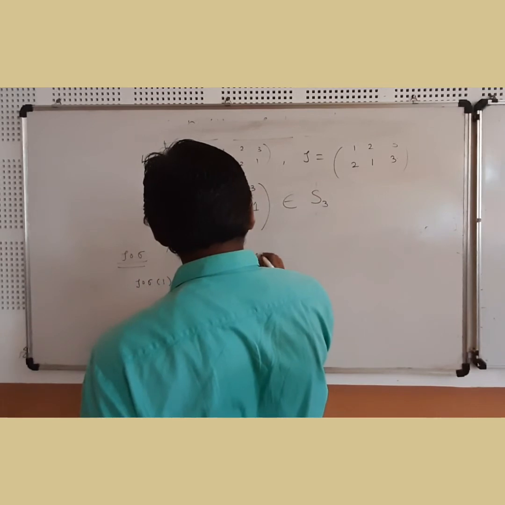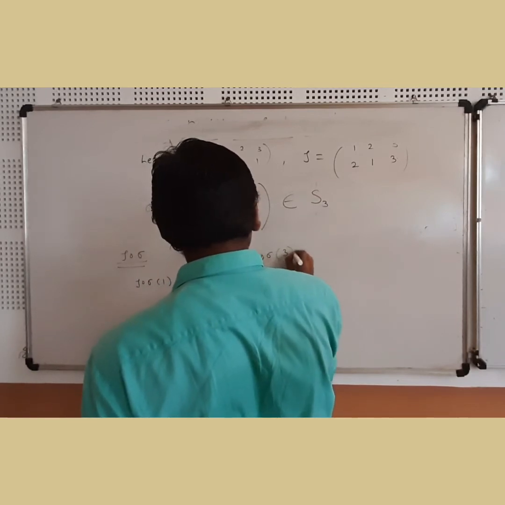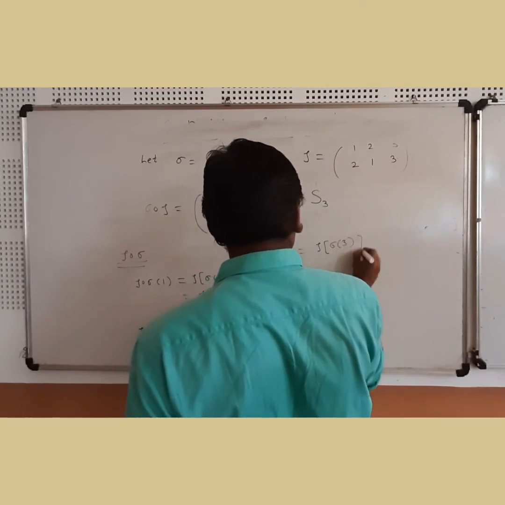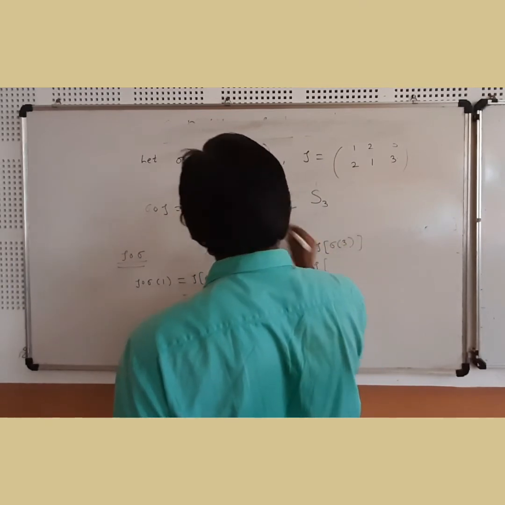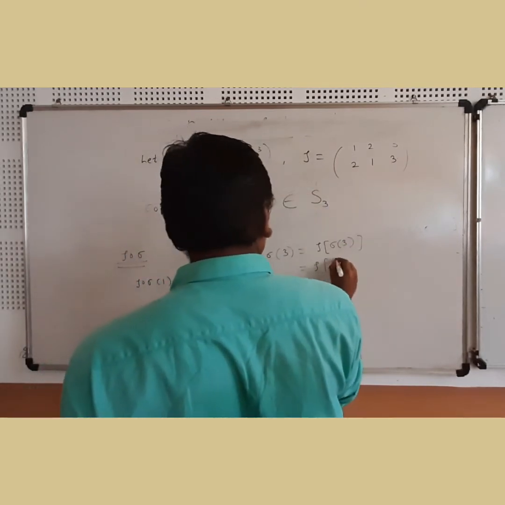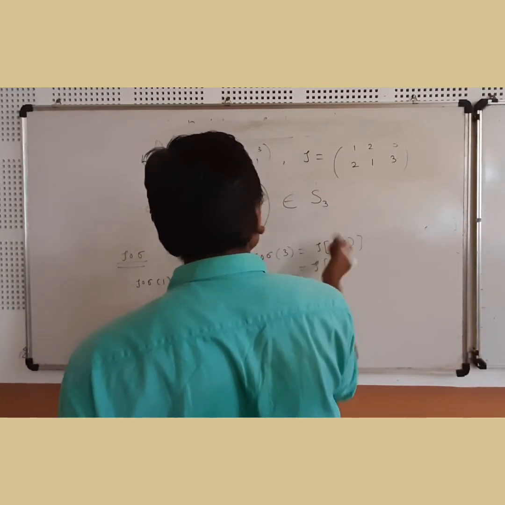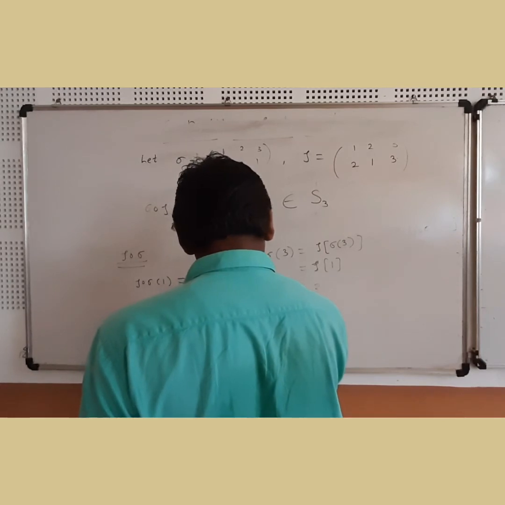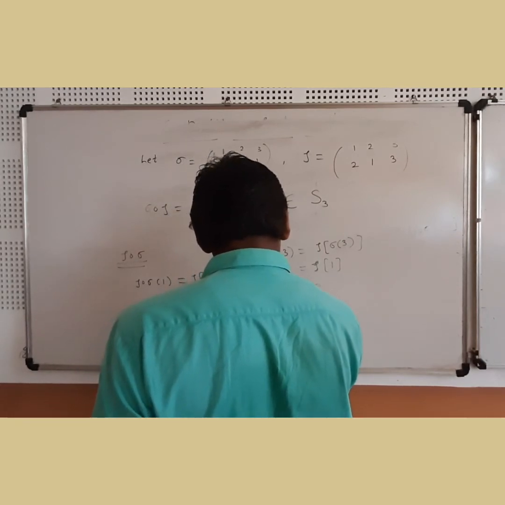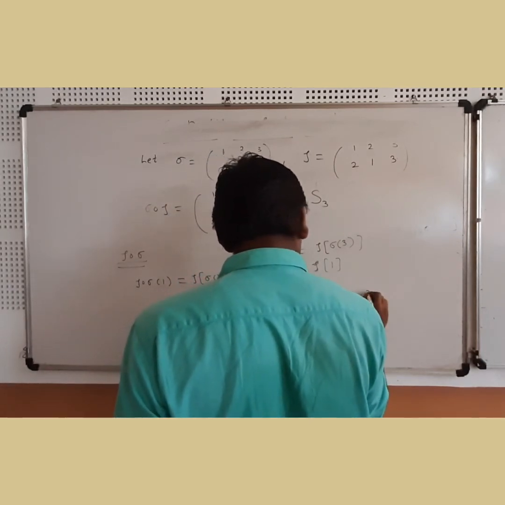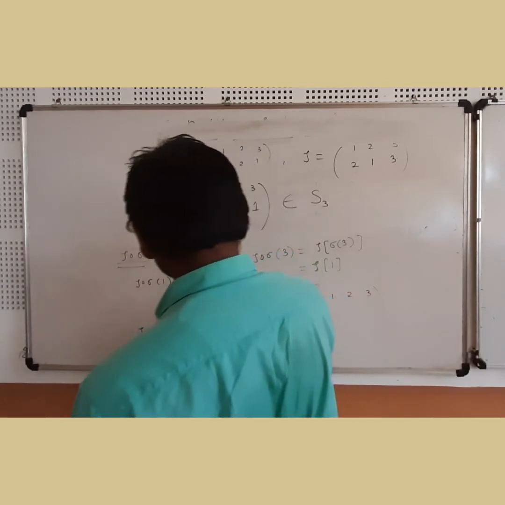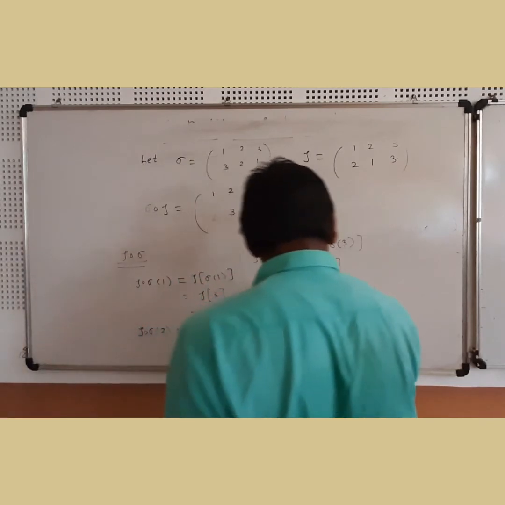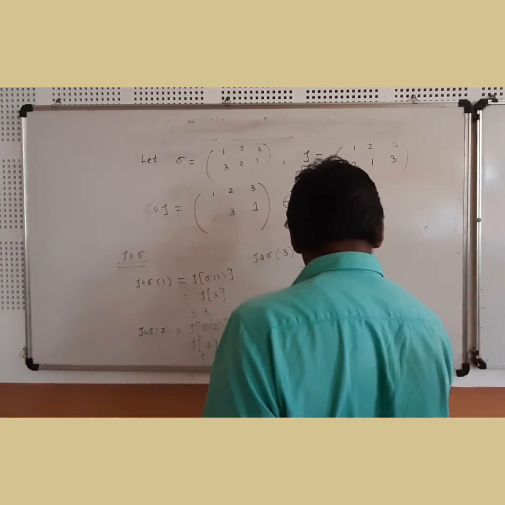Similarly, tau circle sigma of 3 is equal to tau of sigma of 3. What is sigma of 3? Sigma of 3 is 1. And this is tau of 1. What is tau of 1? Tau of 1 is 2. Therefore, tau circle sigma is equal to 1, 2, 3, where the image of 1 is 3, the image of 2 is 1 and the image of 3 is 2.